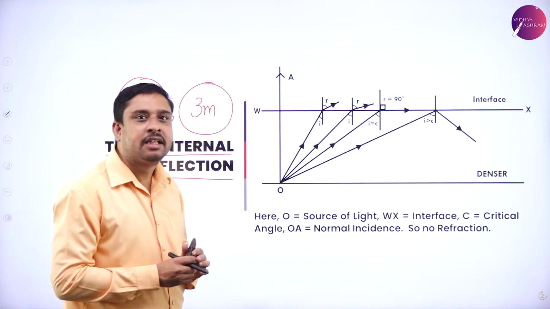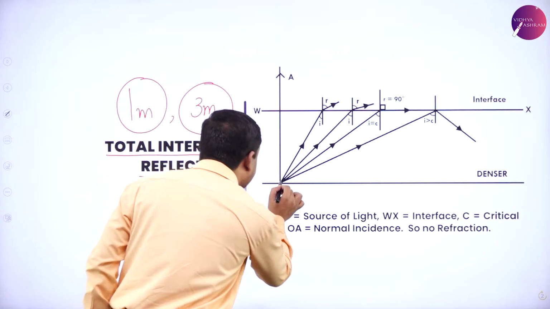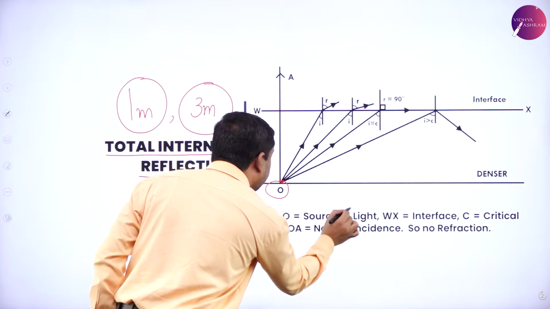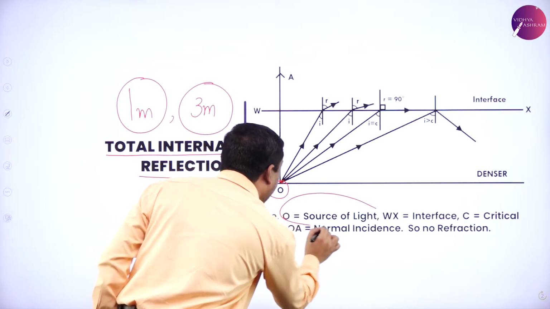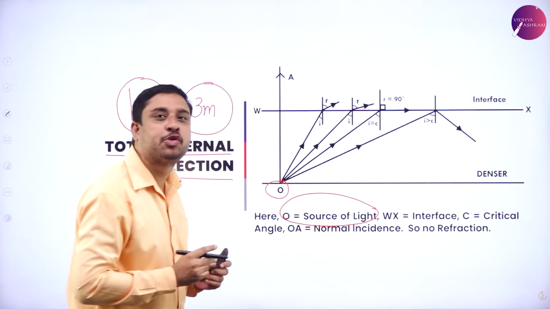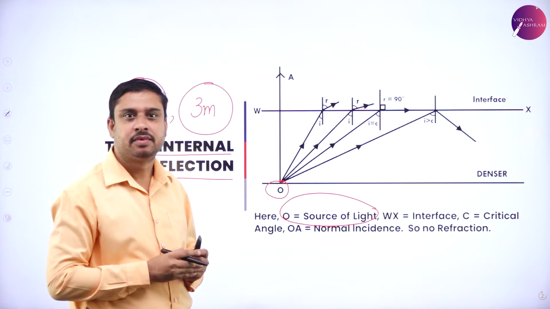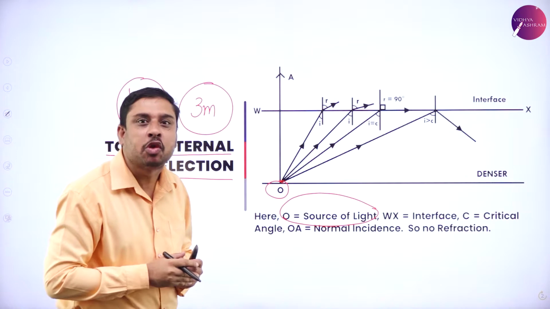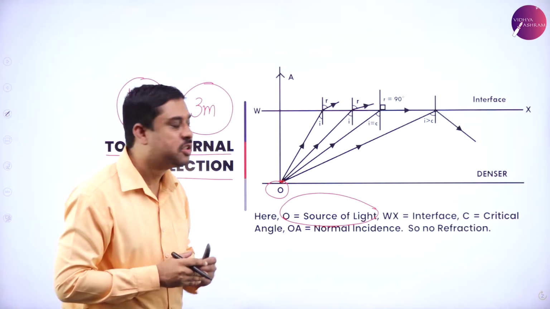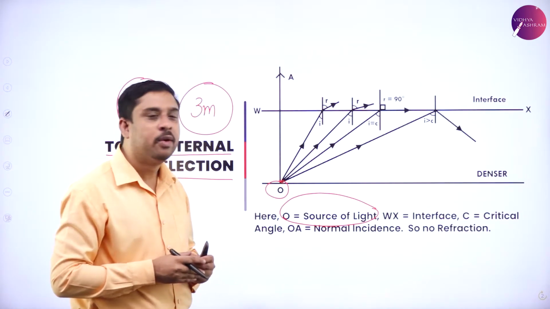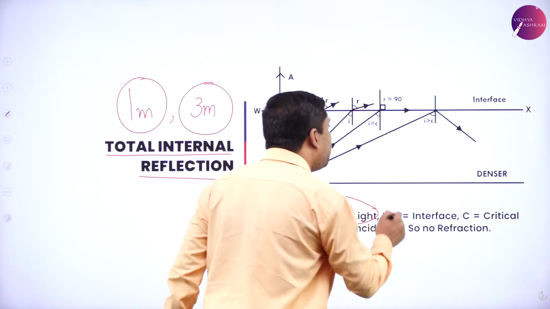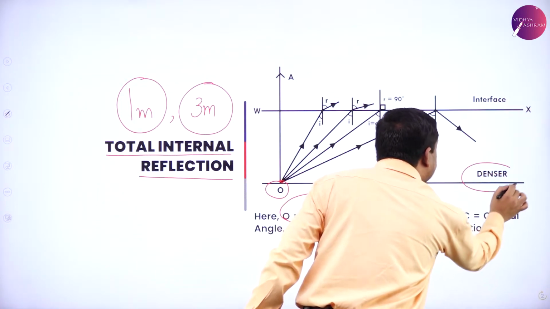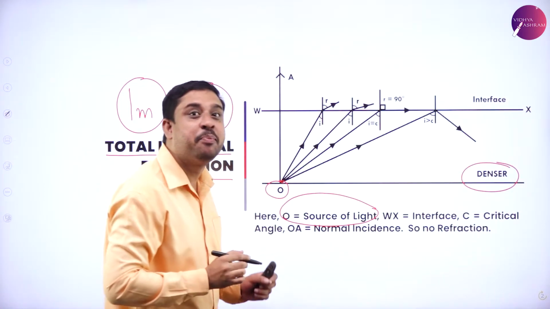To begin with, I consider a point source of light, a small source of light, O, which is placed in the denser medium.